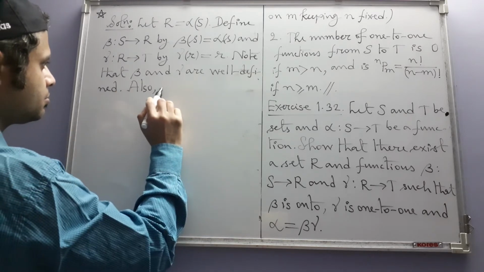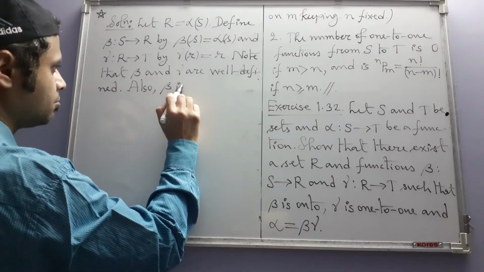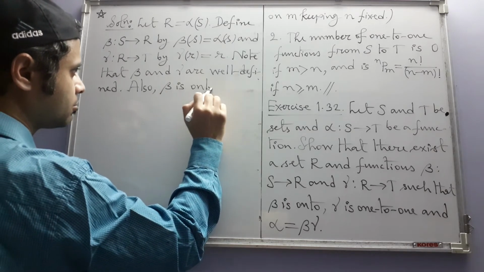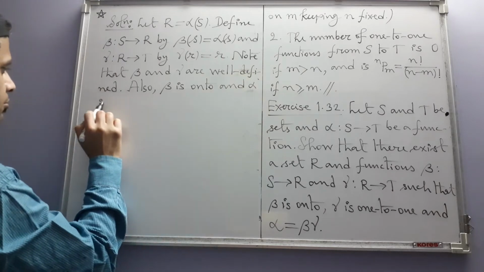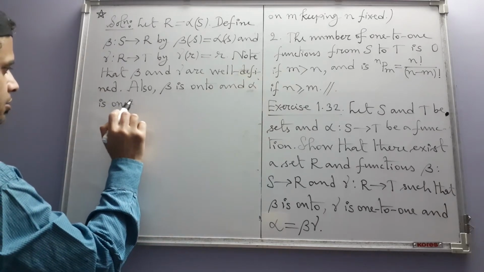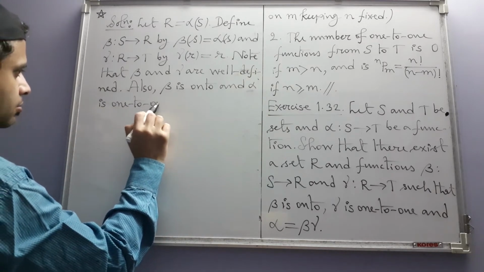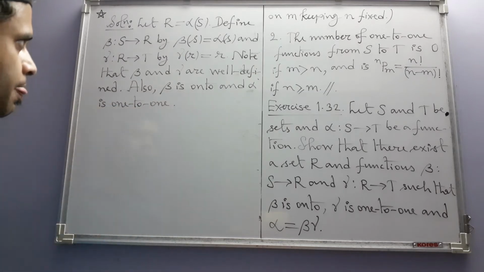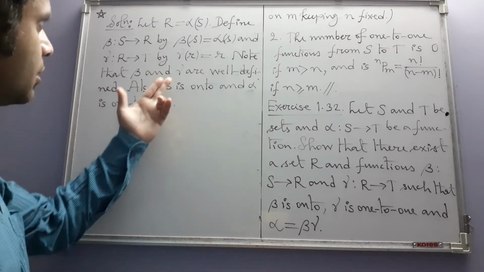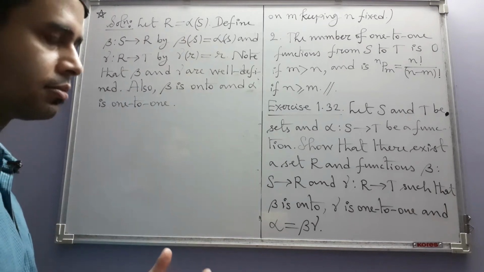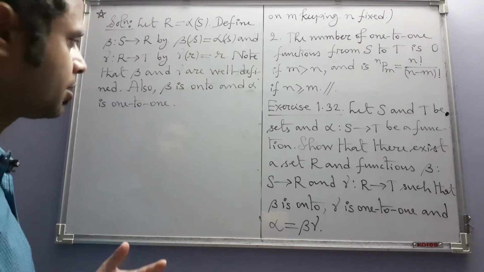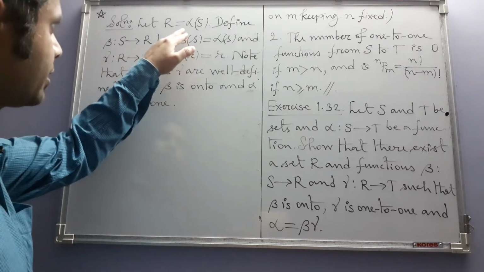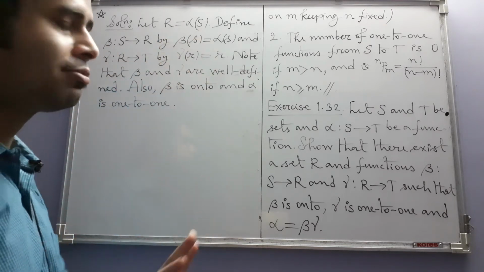Also, beta is onto and gamma is 1 to 1. Beta is onto because, how have we formed beta? To form beta, we have not actually done anything to the formula for alpha.